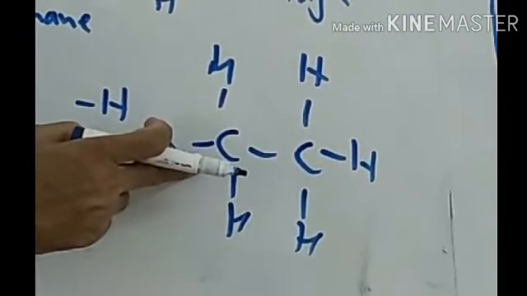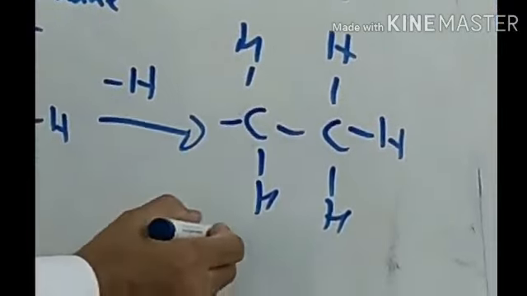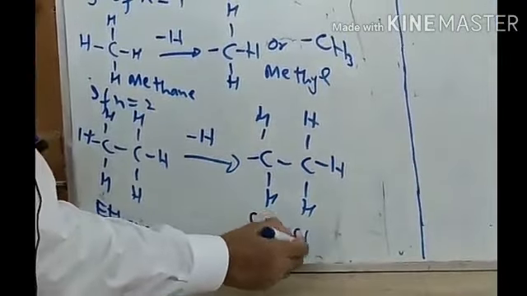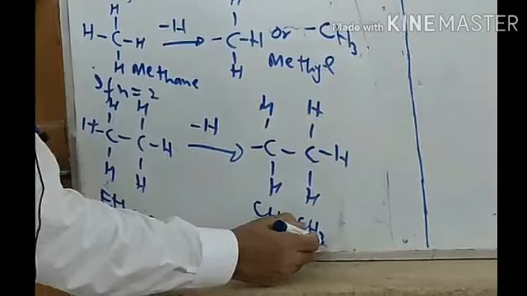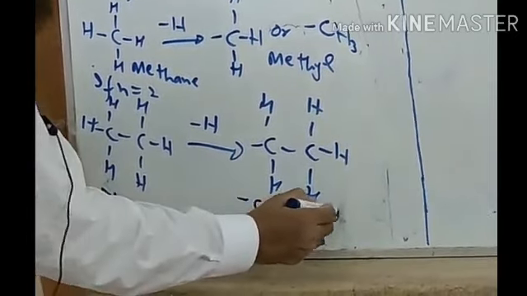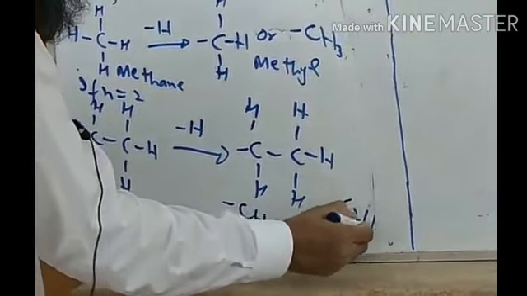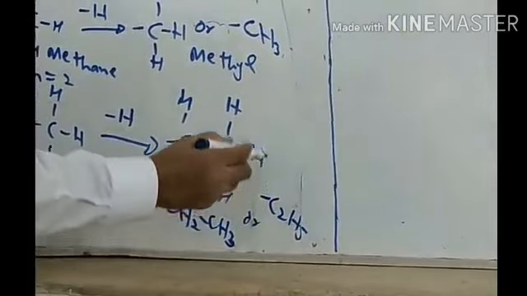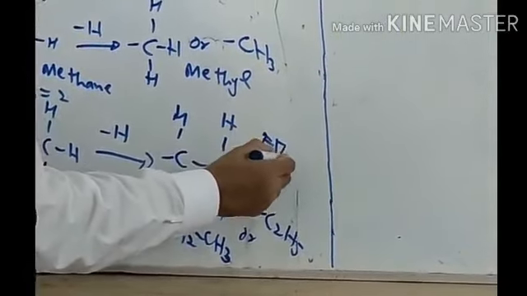This fourth one represents the deficiency. So you can write it as CH2 and CH3, or you can say this is C2H5. This is known as the ethyl radical.